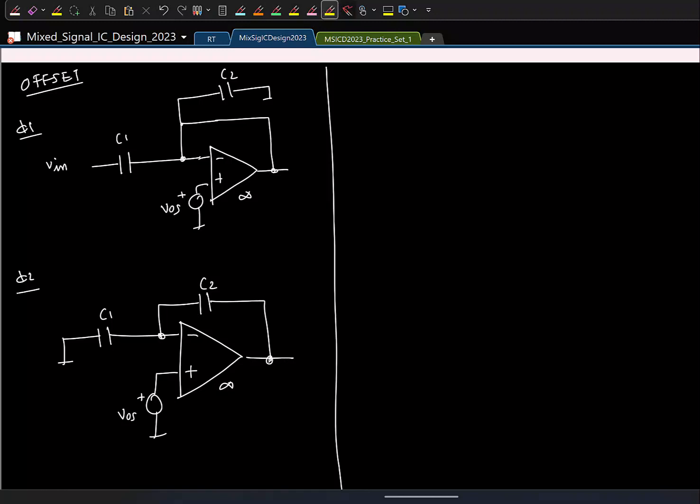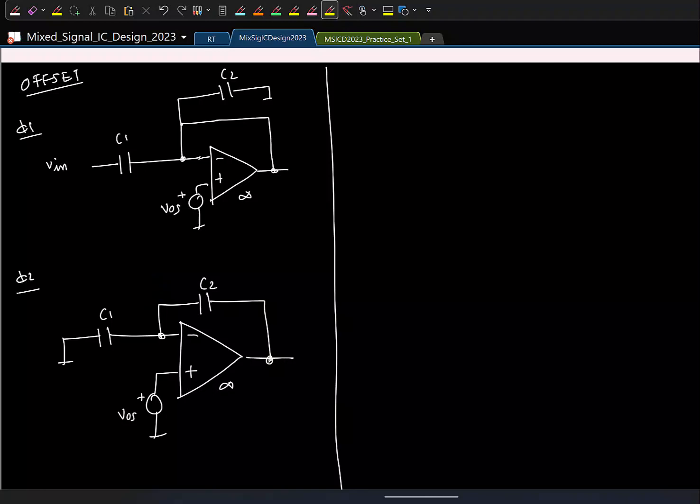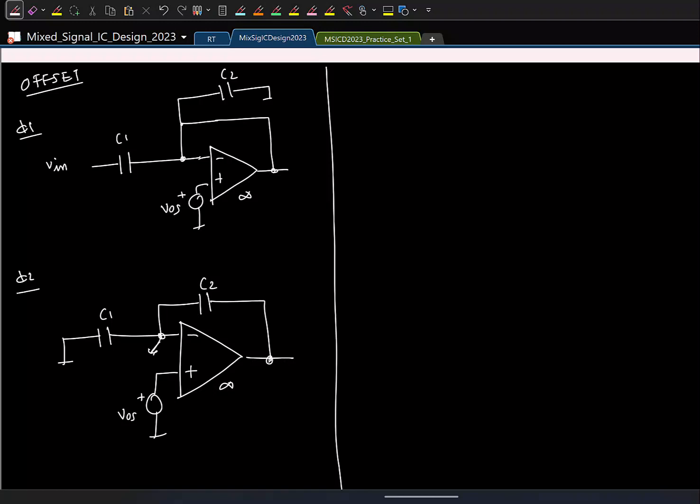So I am interested in the output in phase phi 2. So let's do charge conservation. What is this voltage? Virtual ground? VOS. If I apply charge conservation, what do I get? VOS times C1. Let's say this is V out. For C2 it is VOS minus V out.